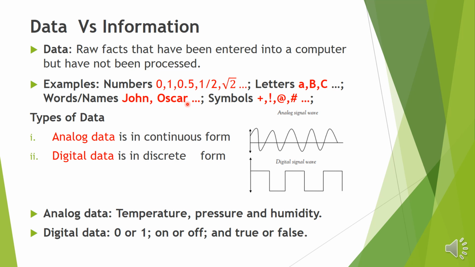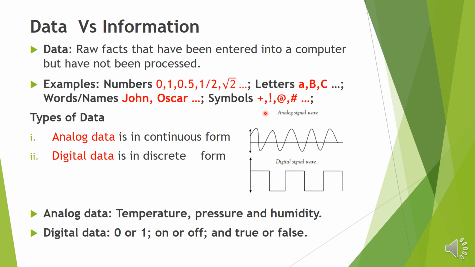And also the symbols. In computer science, when you look at the computer keyboard, there are a lot of symbols including comma, arithmetic operators such as the sign of plus, sign of minus, sign of multiplication, punctuation marks like the exclamation point, this one, question mark.